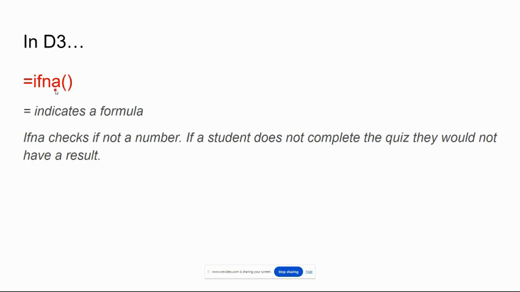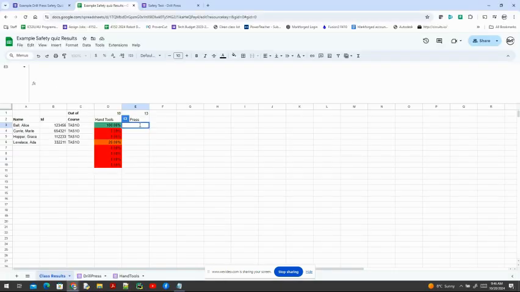So the first one is IFNA. And basically it's if this is not a number. So when somebody takes the quiz, they're going to get a numeric result. Anybody that doesn't, they're not. So my formula where I'm pulling the number, if it's not a number, I'm going to get an error. And so this is going to check if it's not a number.